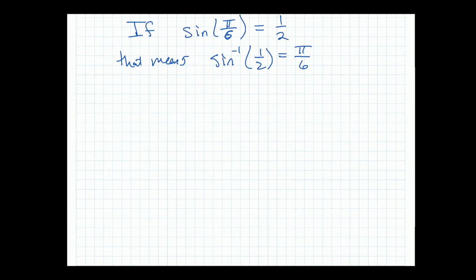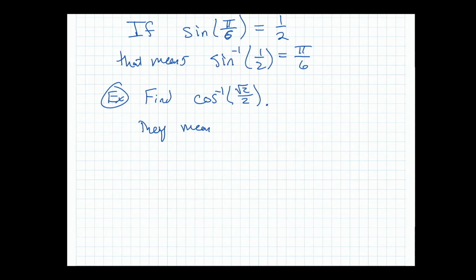So when you see this kind of question, if somebody says find cosine inverse of square root 2 over 2, what they mean is: what theta gives you cosine theta equals square root 2 over 2?